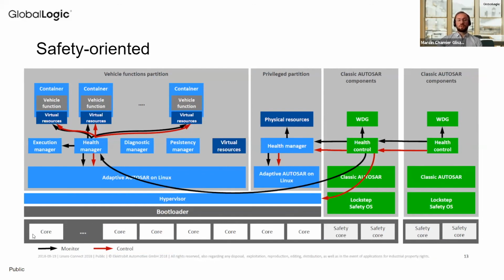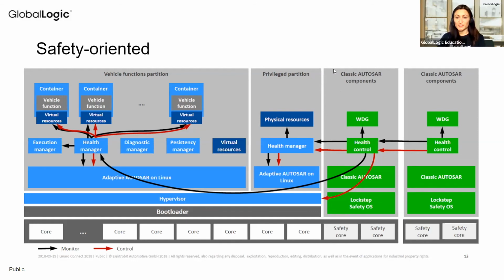On the system level, it should already be separated, so that part of the resources in the hardware are only for the classic platform, and the rest can be used by the adaptive platform. So this part should be separated quite much from the other.